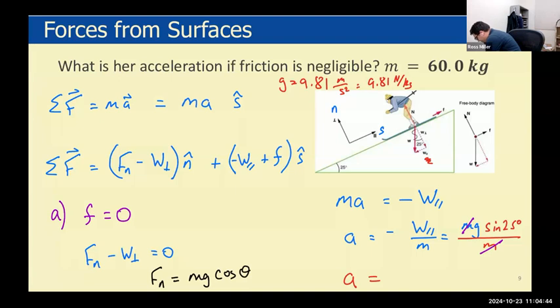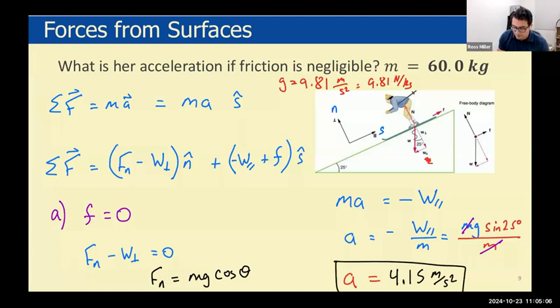There we go. Okay, so sine 25 is going to be close to 1/2. It's close to sine of 30. With 9.81, this is going to be 4.1, say 5 meters per second squared. That's what I was asked for.